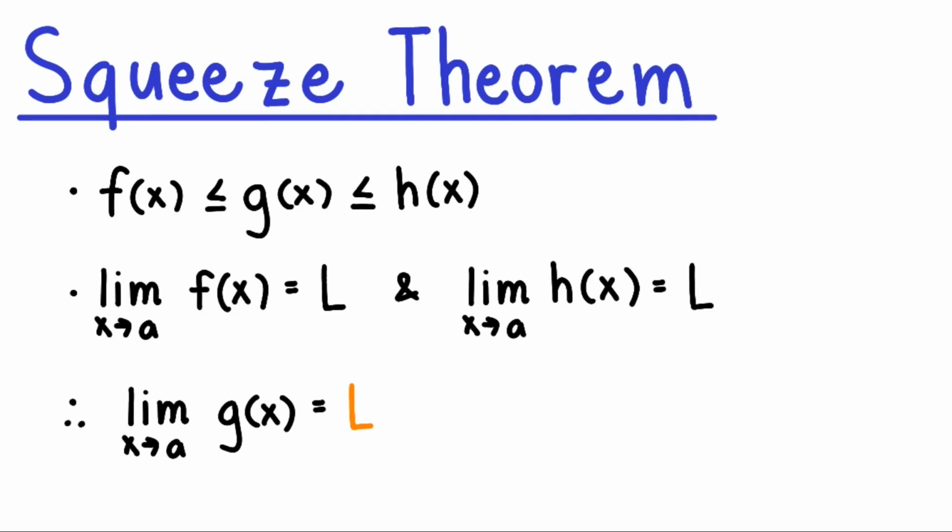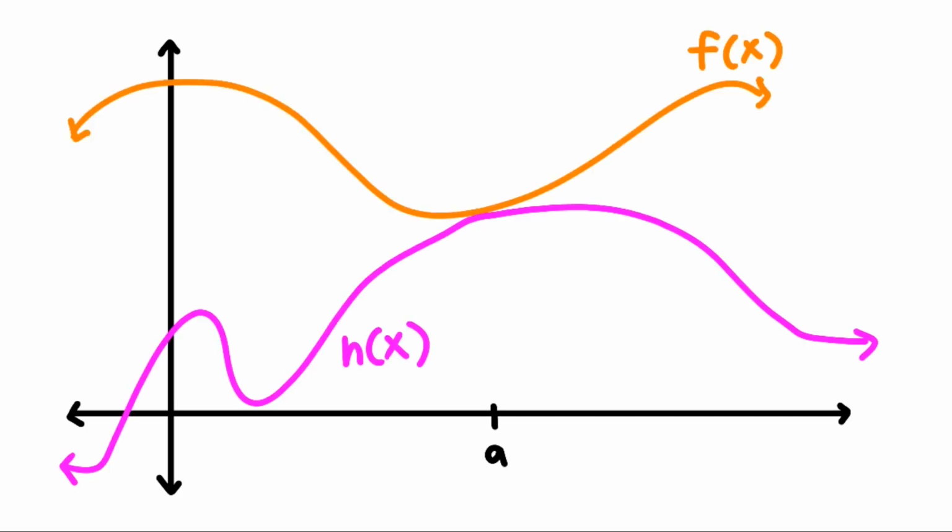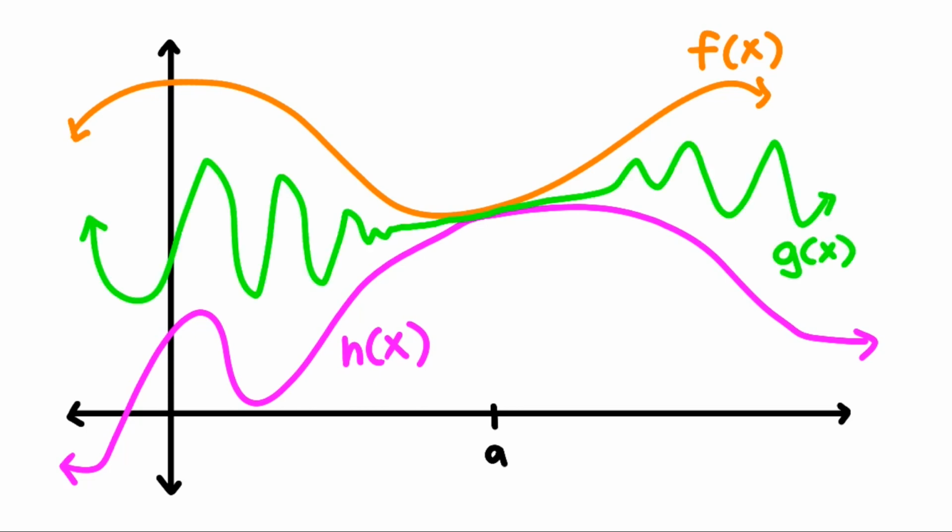To understand this better, let's have an illustration. Suppose that x equals a is around here, and we have a function f and h around here. If g of x is in between f of x and h of x near a, then we can inspect instead the limit of f of x and h of x.